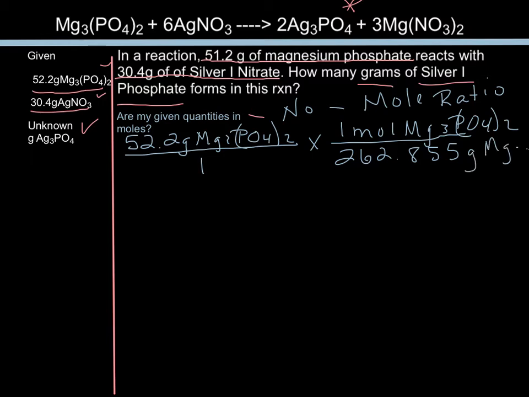Now, I set it up this way to make sure that my grams cancel out. Once my grams cancel out, I multiply everything across the top, everything across the bottom, and then I divide at the end.